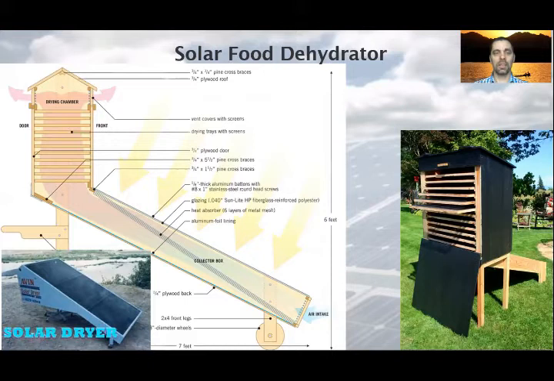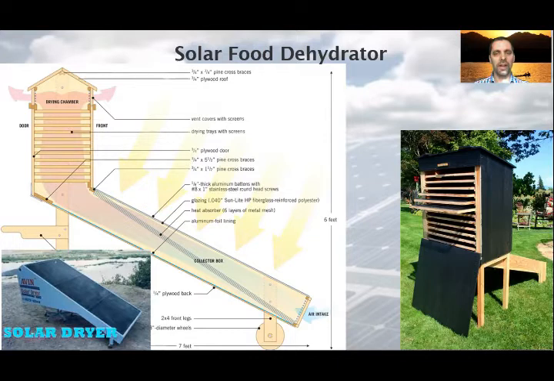Drying is an excellent way to preserve produce, but exposing fruits and vegetables to direct light can cause vitamin loss. This design relies on indirect solar power, meaning the drying food is not exposed to the sun, but instead to solar heated air.